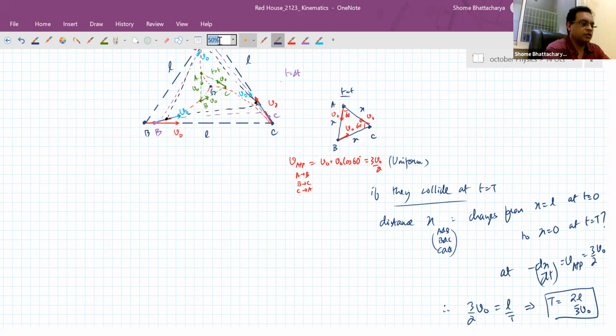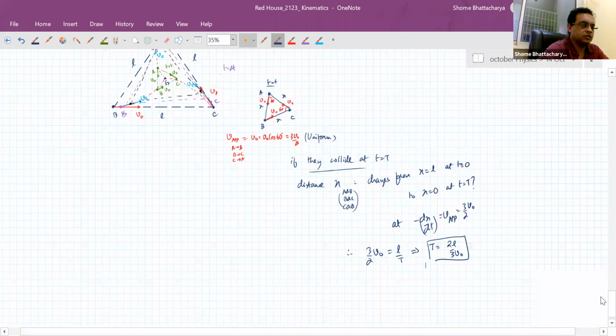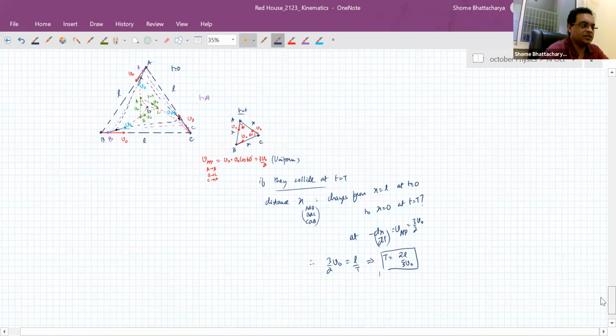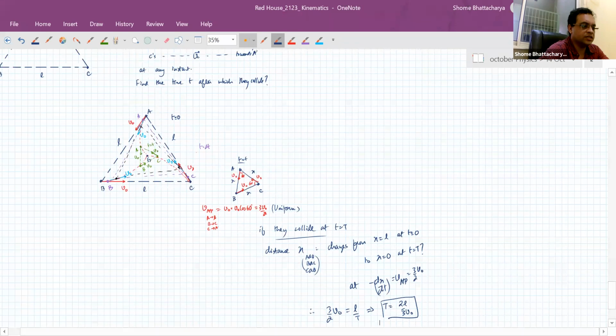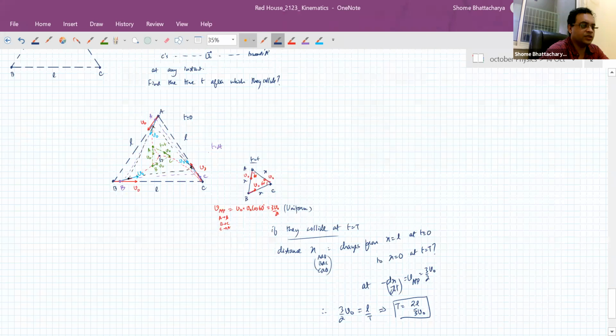Okay, and this is the only method in this case of solving a situation like this, because if you try to solve the motion such that you are trying to understand the trajectory of the individual particles with respect to ground frame, it's far too complex, because the velocity is always turning in such a way that one is chasing the other.